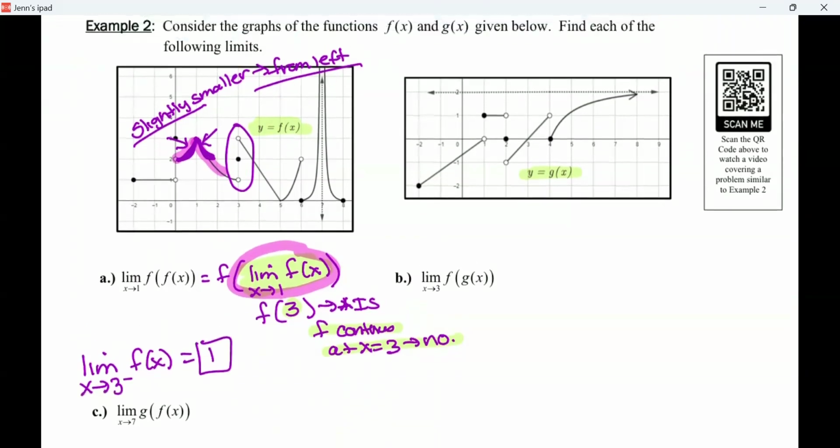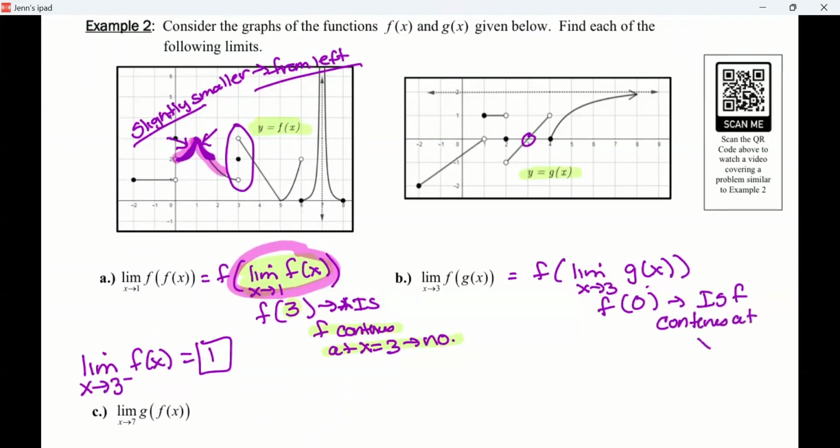So if you take a look at this next example, the limit as x approaches 3 of f of g of x, I'm going to find f of the limit as x approaches 3 of g of x. Looking on the graph of g, the limit as x approaches 3 of g of x is 0. So the question I have to ask myself is, is f continuous at x equals 0?